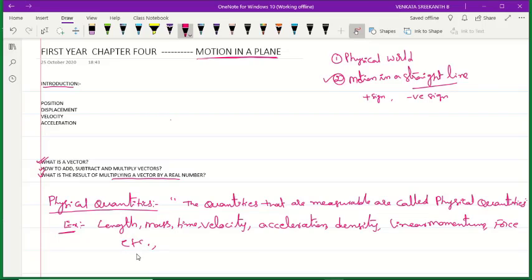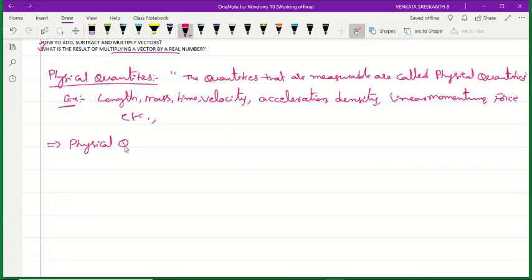Okay, physical quantities are mainly classified into three types.